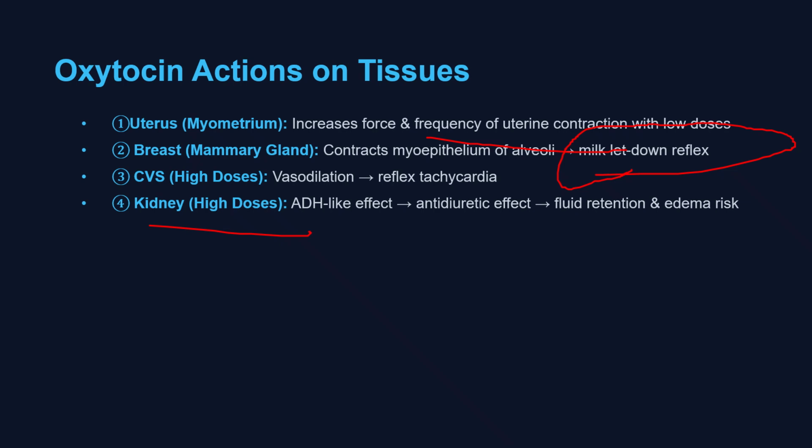The edema risk happens if you administer a large amount of IV fluid along with oxytocin, which causes a risk of pulmonary edema. Also, urine output is reduced due to this.